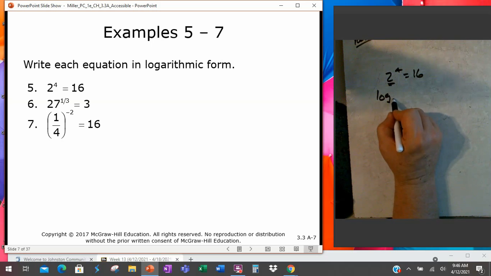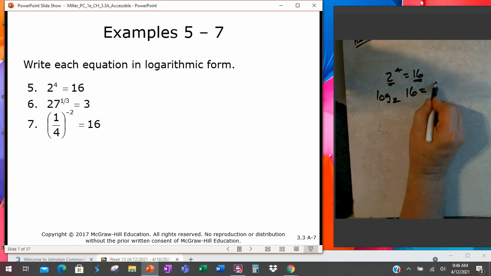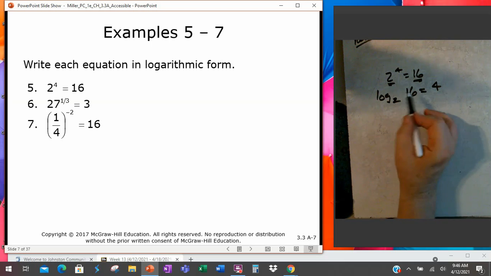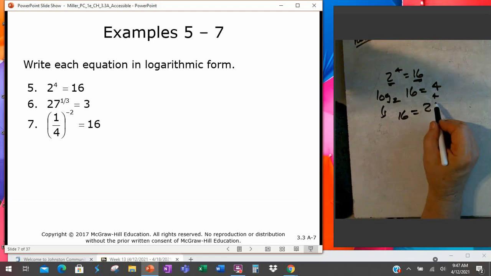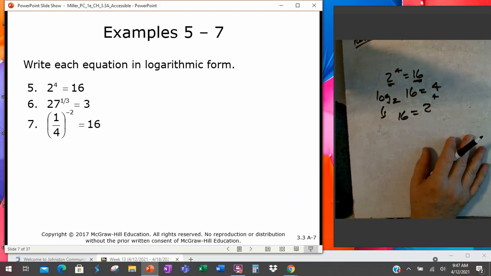Here's the base. This is the number. I want to represent 16 as a power of the base. What is that power? It's 4, 2 to the 4th. 2 times 2 is 4, times 2 is 8, times 2 is 16.